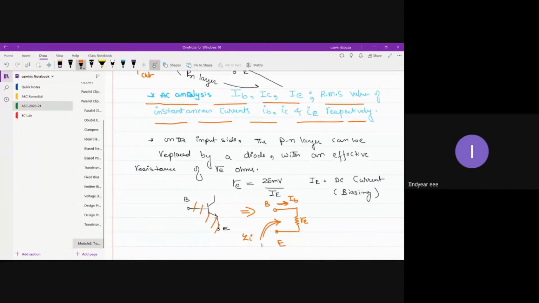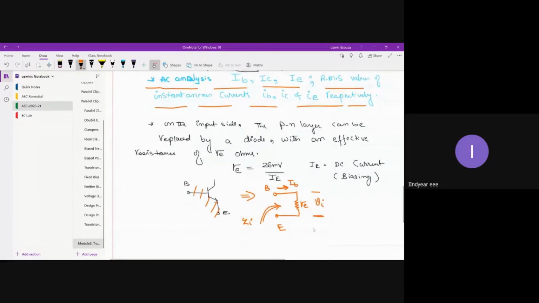Let us also consider the input impedance as seen from the input terminal, and define it as ZI. The voltage measured across RE, let's take it as VI.